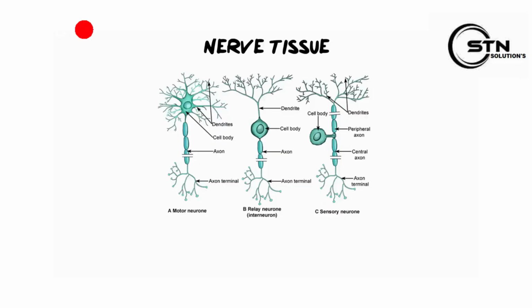Now, if we move on to our next type of tissue, we're going to look at the nervous tissue. And the nervous tissue is responsible for conducting electrochemical signals between the organs of the body and the brain. Essentially, these are our message pathways. It's where all the instructions are sent between the brain and the organs of the body, the effectors, the muscles, and essentially we have to get the message from one location to the next.